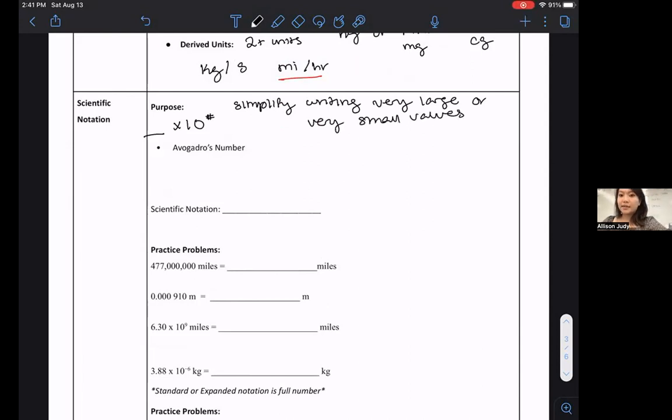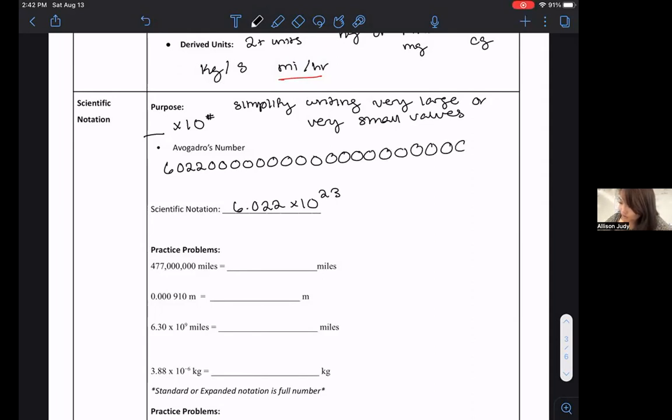One great example and super important number that we encounter is Avogadro's number. Now, Avogadro's number in scientific notation is 6.022 times 10 to the 23rd. If we were to write that number in its expanded, original version, I don't even know how to say that number.